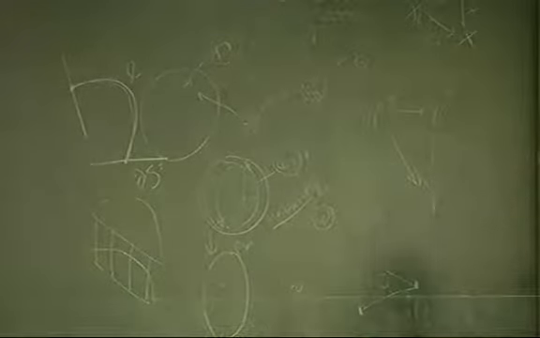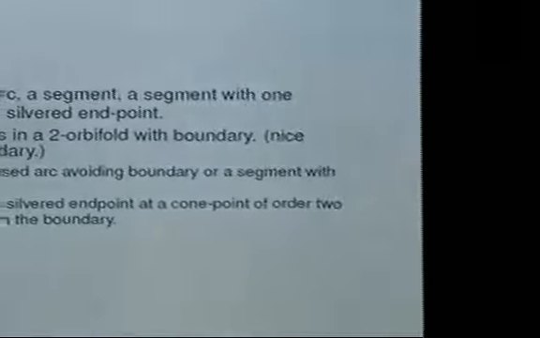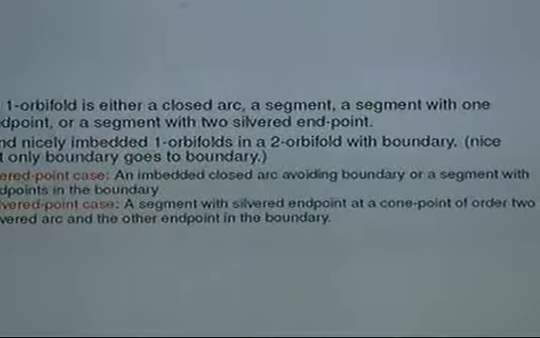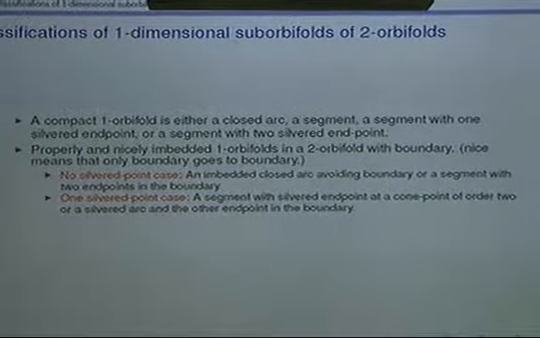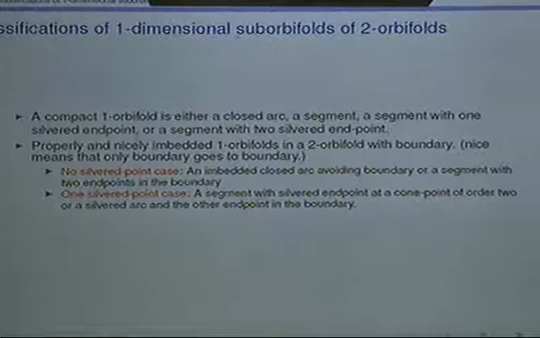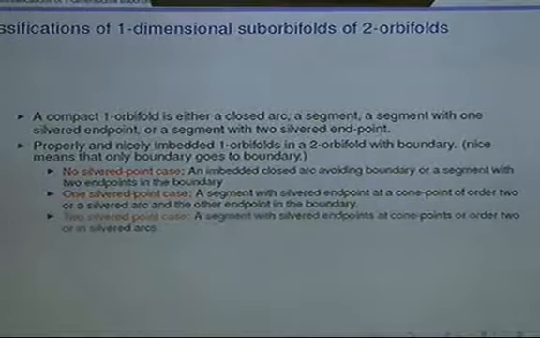Right. So in the one silver point case, the silver endpoint has to end in a mirrored point or a cone point of order 2. That's the only way it can happen. And the other endpoint ends in the boundary.